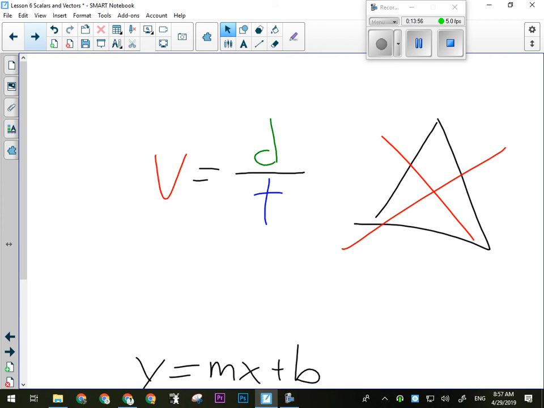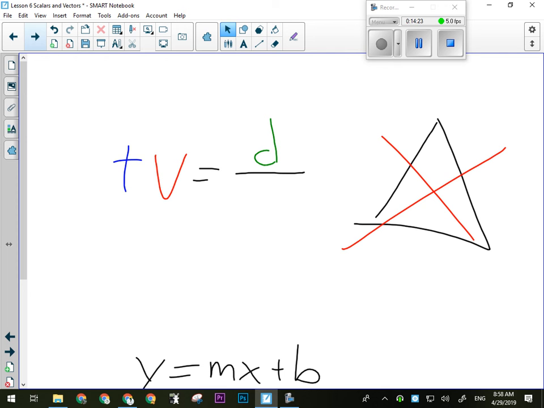So I have to move T. If I want to move T, I'm going to multiply both sides by T, because right now I'm dividing by it. And if I want to move something, I do the opposite. That's the first rule of algebra: if I want to move something, I do the opposite operation. So I take T and multiply both sides by it. Now D is by itself, and I'm solving for D.